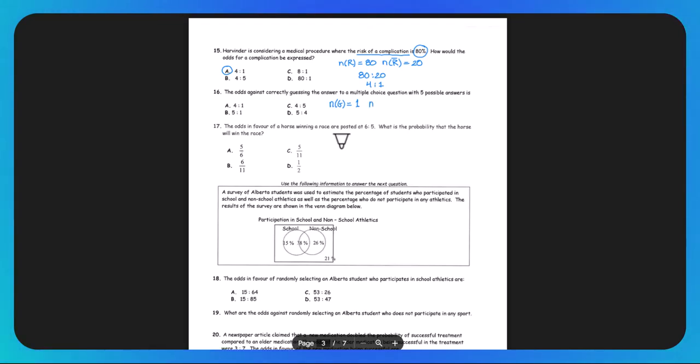That means the total of answers that are not right are 5 minus 1, which is 4. So the odds against guessing correctly would be 4 to 1, which would be A.